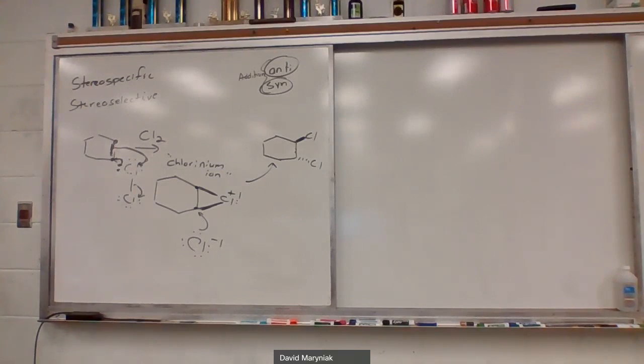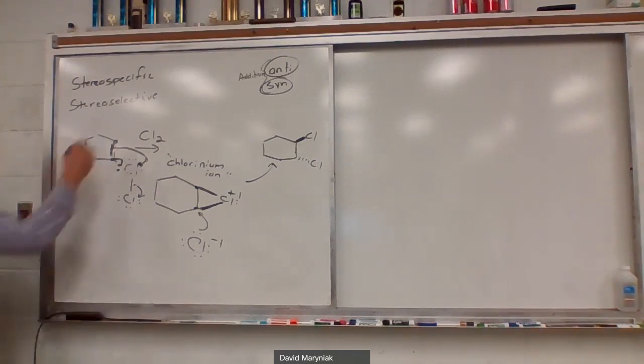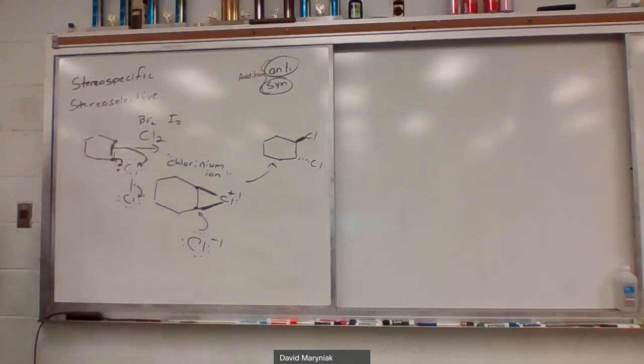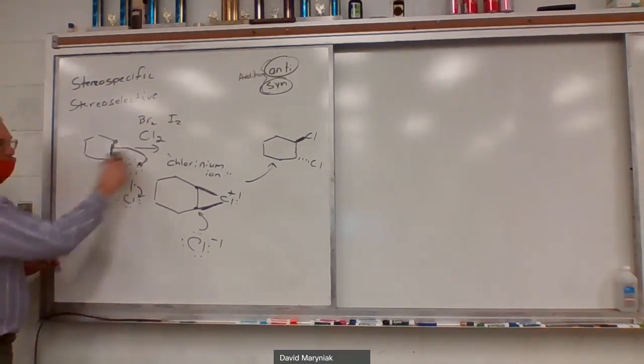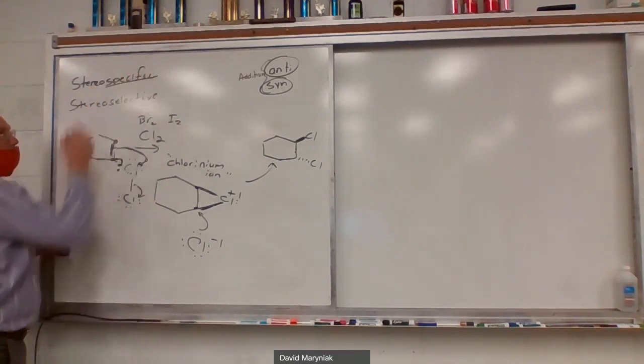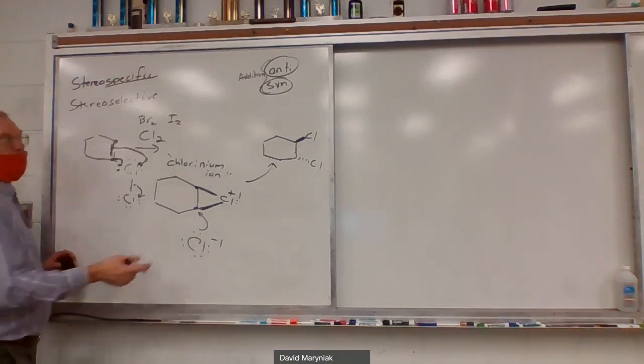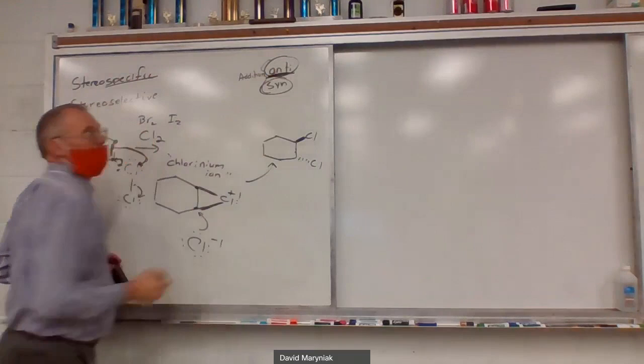And is there an analogous bromonium ion and iodonium ion if we were adding bromine or iodine? Good with that? So that's an example of a stereospecific reaction, and the mode of addition is anti.